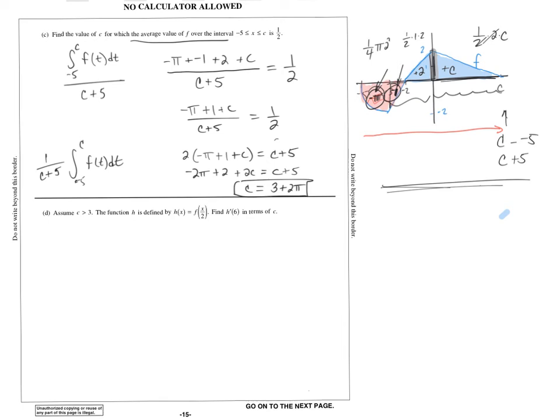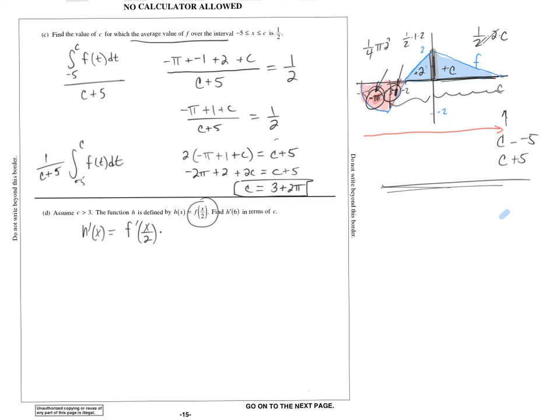Now for this last part, part D, we are looking at a function h that is some new function, f of x over 2, and it says find h prime of 6 in terms of c. So the first thing we do is just get a formula for h prime. And so h prime of x is simply f prime of x over 2. So you're taking the derivative of this thing.